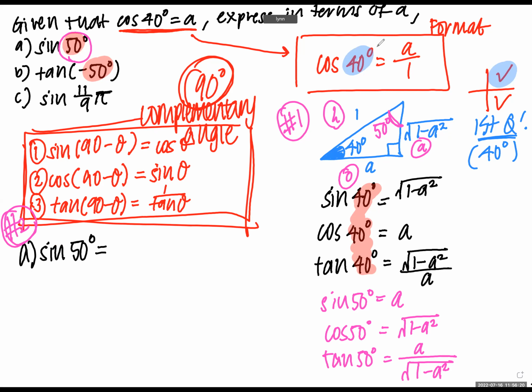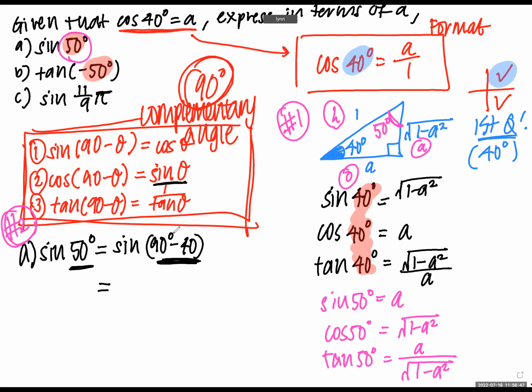So sine 50, you realize that it's actually here, correct? So sine 50 is the same as sine what? 90 minus 40, because 90 minus 40 will give me 50.